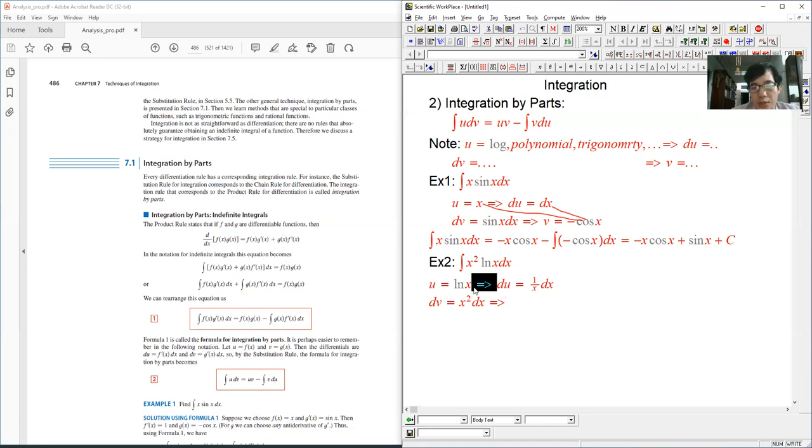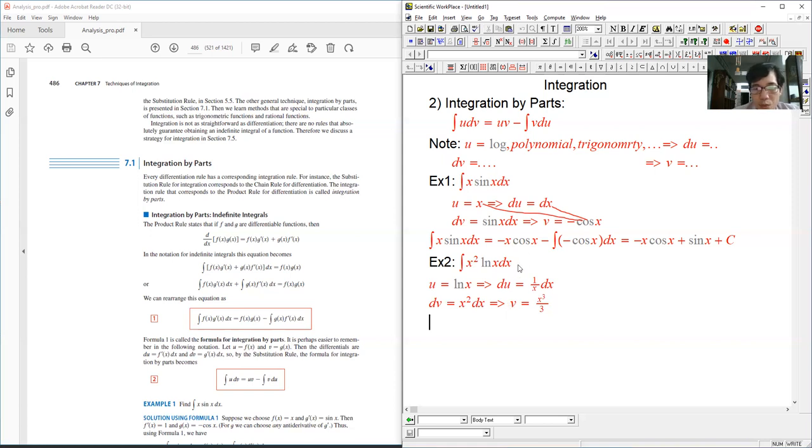The first row is the derivative, and in the second row we integrate. v equals the integral of x square, and the power rule gives x cube over 3.